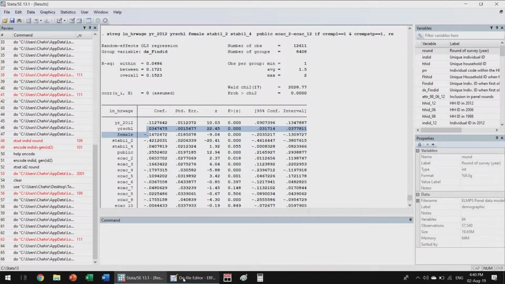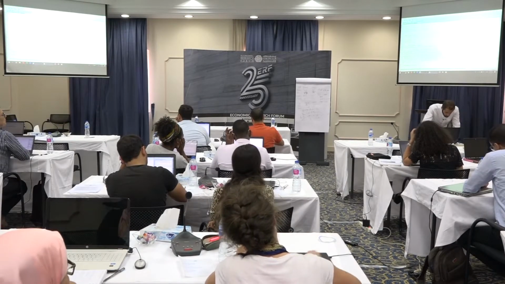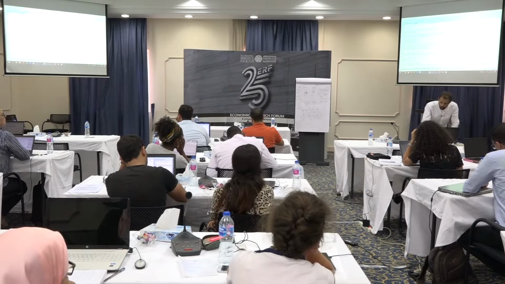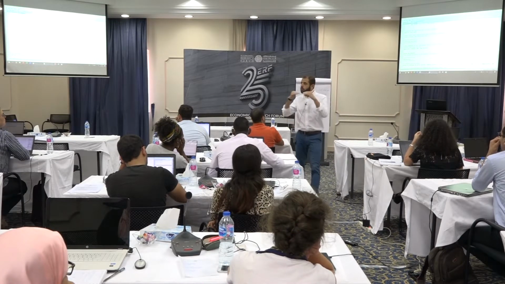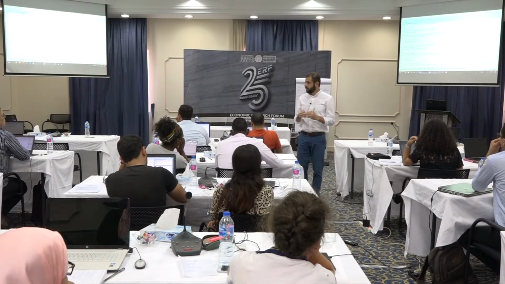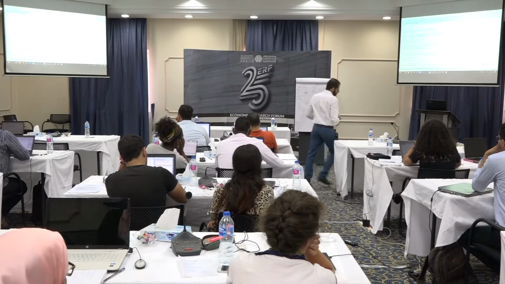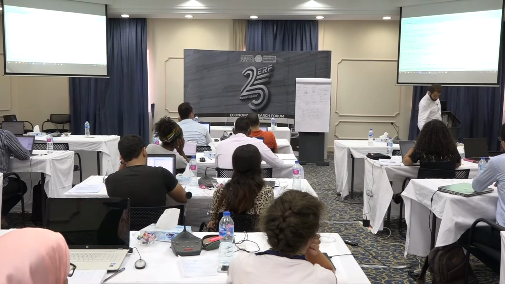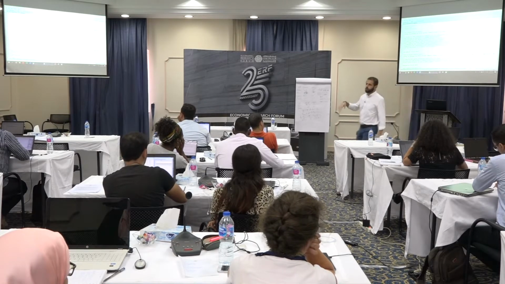Okay? So to choose between both, in general, what we do, after we run each regression, is tell STATA to store the results of the regression. And we do this by asking STATA to run this command, which is estimates store. So estimates store ec1.